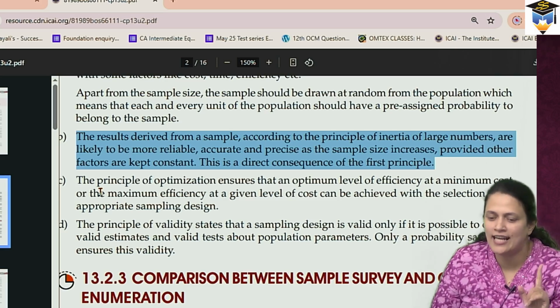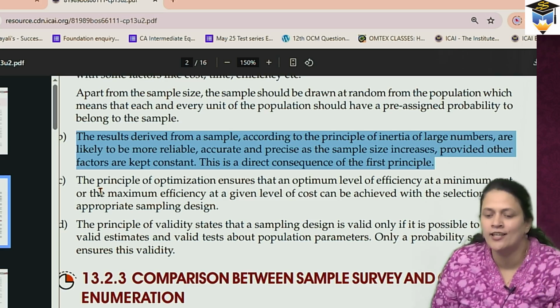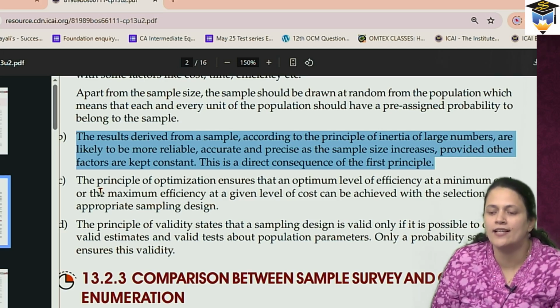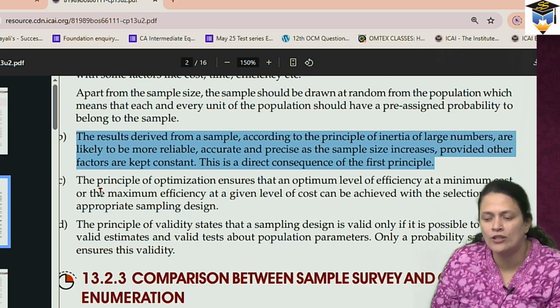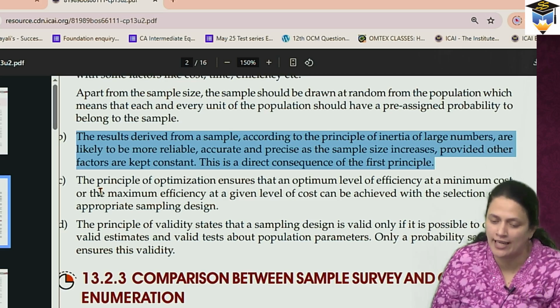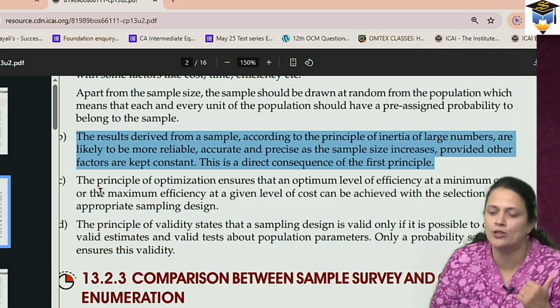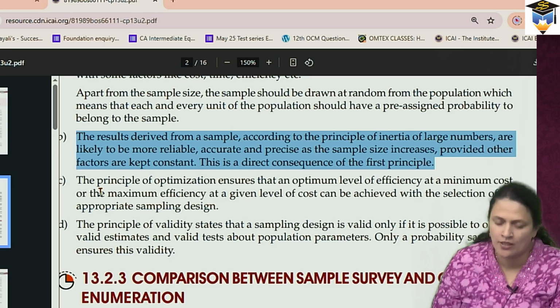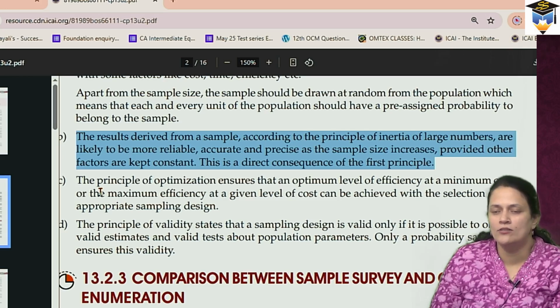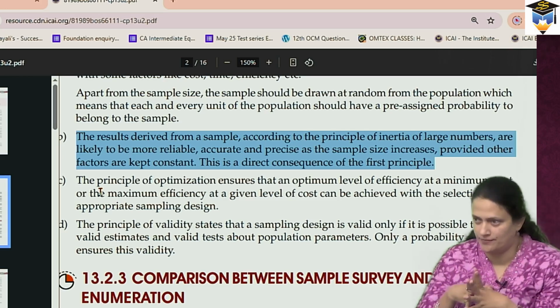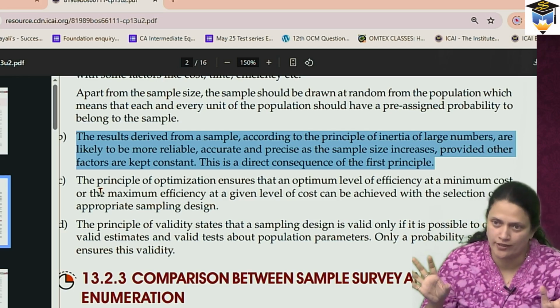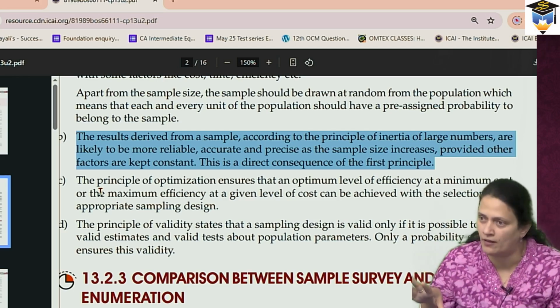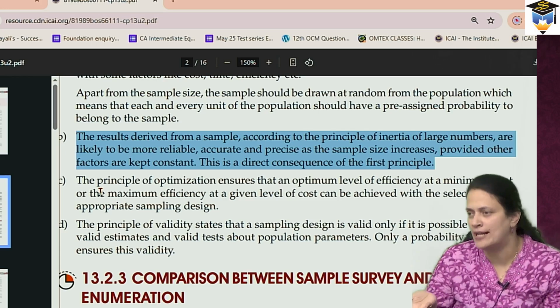Understood? And the last part, principle of validity. It states that a sampling design is valid only if it is possible to obtain valid estimates and valid tests about the population parameters. Now, whatever sampling you have done, if the results are not accurate, if the results are not reliable, then what is the purpose of doing sampling?